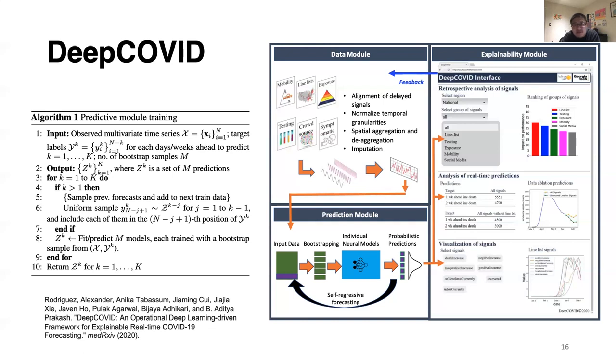The author proposed to use a bootstrapping strategy for each future incidence target K. The procedure generates one prediction per bootstrap sample so that it can obtain a set of M predictions representing uncertainty in data, such that such uncertainty was also propagated to future predictions to enforce temporal consistency and capture temporal correlations between consecutive forecasts.